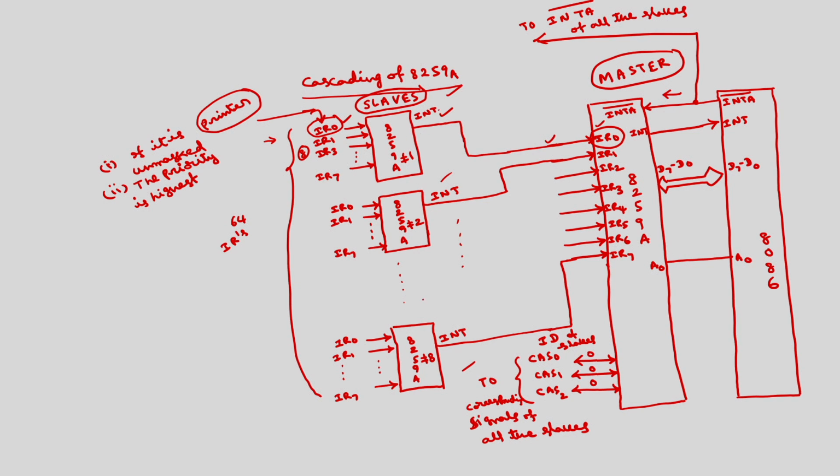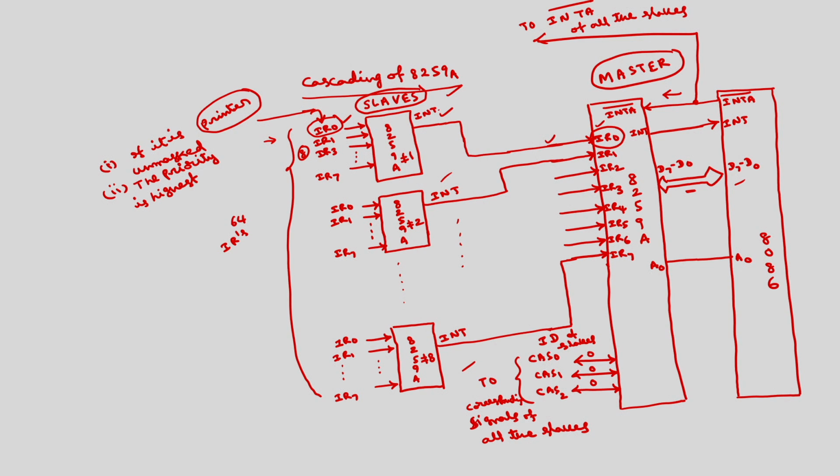The data bus of all the slaves will be connected together to the 8086. On the lower order 8 bits of the 8086 data bus, it will receive the type of interrupt that is to be performed. Based on this type, the microprocessor will branch to the interrupt service subroutine, whose address will be calculated from the type of interrupt. I have discussed the interrupt vector table.